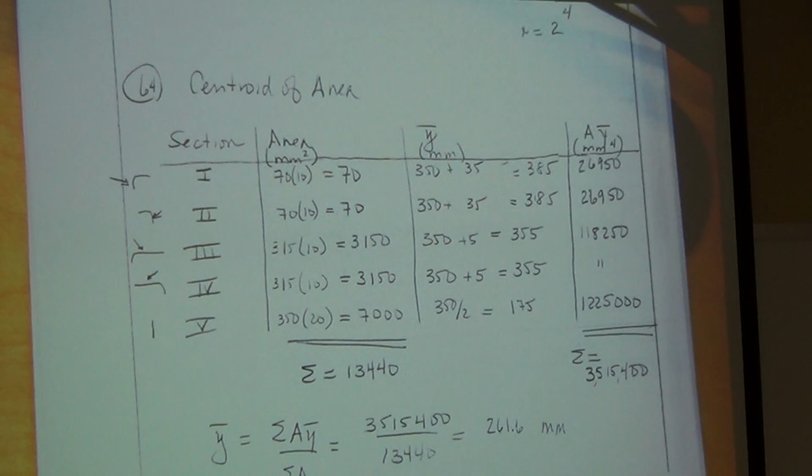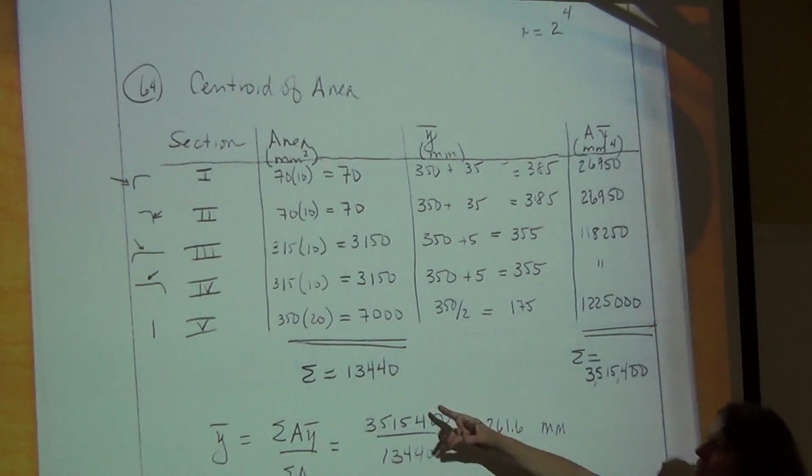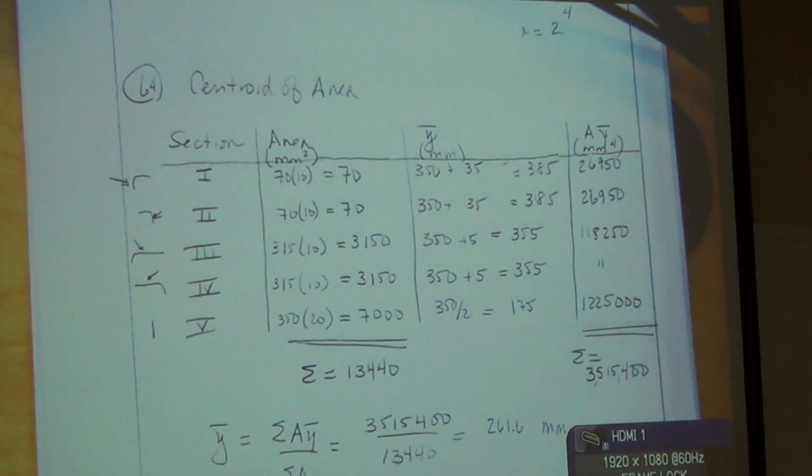The next column represents the distance to the centroid of each of those bodies. And the last column represents the area, the critical component, times the distance. Then I summed up the areas, and I summed up the areas times the distances.